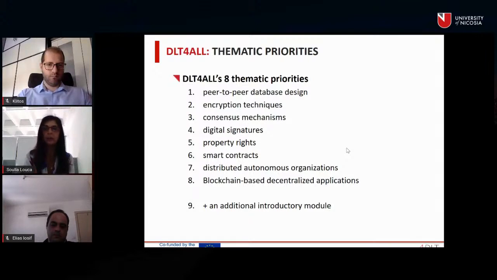Plus, we decided with the partners to introduce an additional introductory module, so that we don't have overlaps between the various modules in covering the same basics on blockchain technologies.